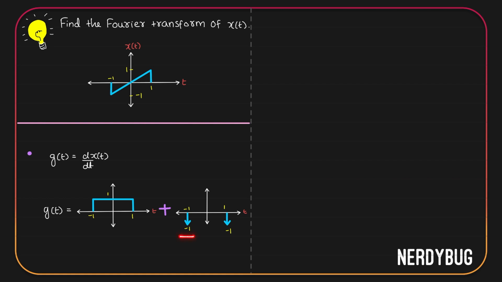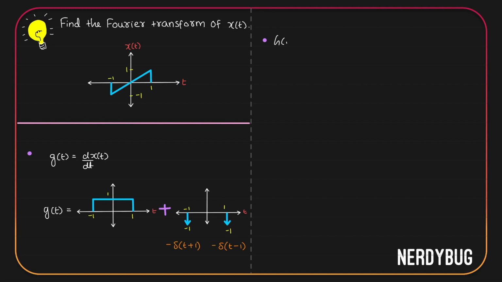What we have over here is an impulse function shifted 1 unit towards the left and its magnitude is -1. So this will be minus delta of t plus 1. What we have over here is an impulse function shifted towards the right 1 unit and magnitude is -1. So it will be minus delta of t minus 1.